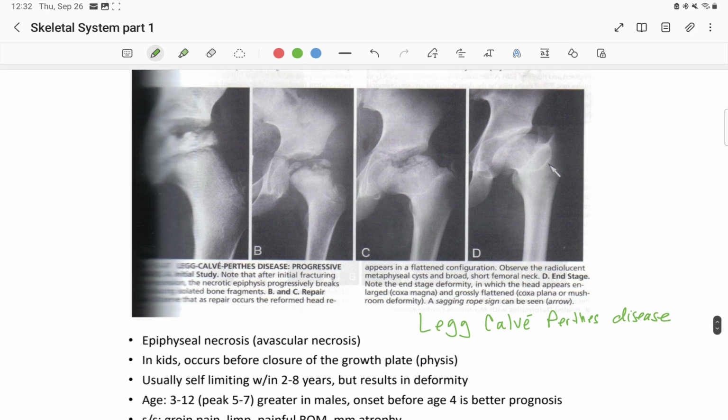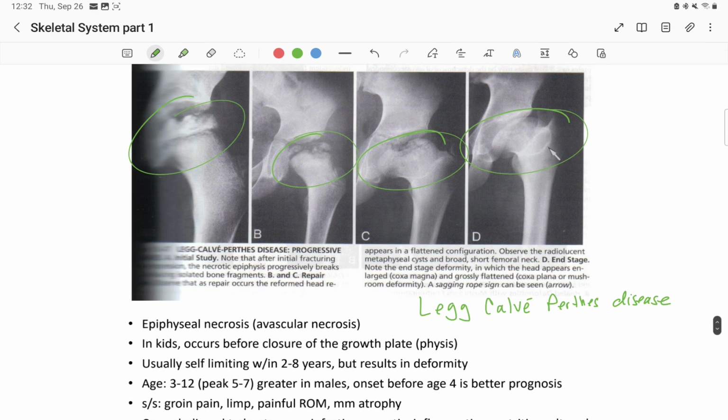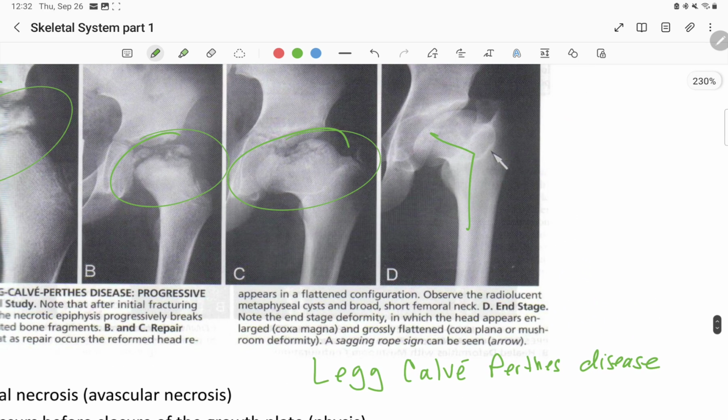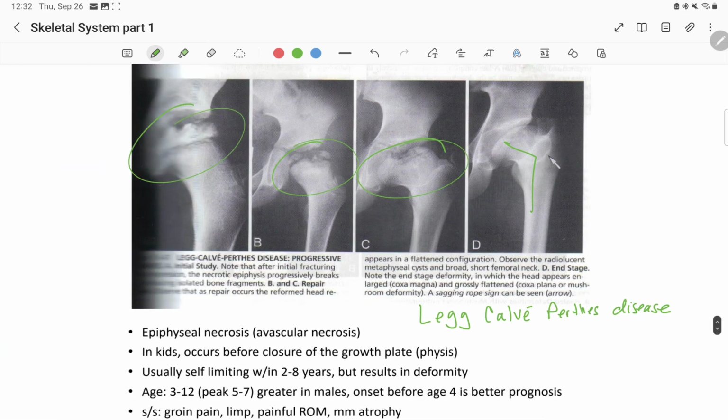All right, so you're seeing the x-ray here of the hip. You're seeing how there is basically erosion of the femur head, which isn't good to have. Okay, you're going to alter the carrying angle in that femur head, so that means the leg's going to shorten. So one leg will be longer than the other.